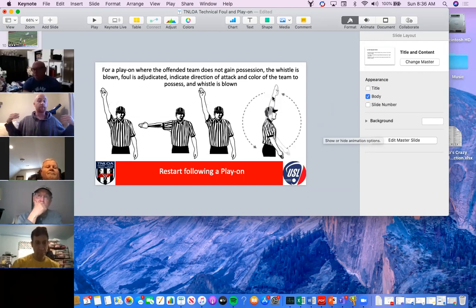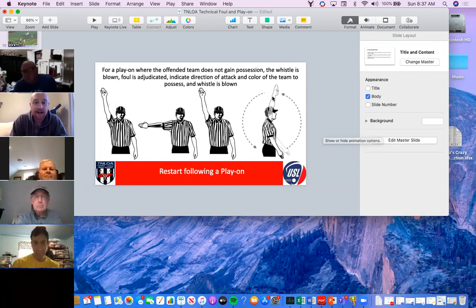Any contact from the rear, from the back, from the waist and below the neck is illegal contact. If you get contact to the legs, we have a personal foul scenario. If we get contact to the head, we have a personal foul. We're not in the technical foul realm.